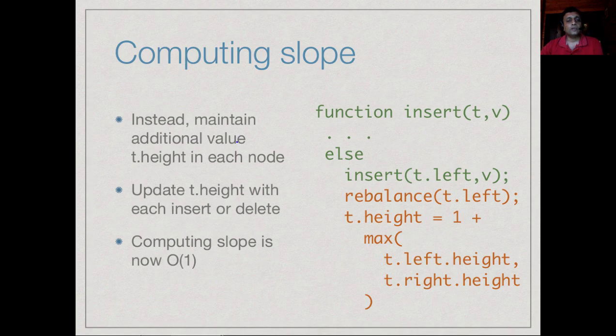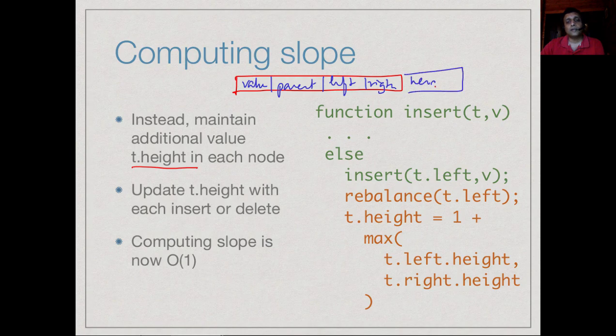But we can get around this by keeping the current value of the height and updating it each time. So in our tree node, we currently had the value, parent, left, and right. Now we just add one more field called height.